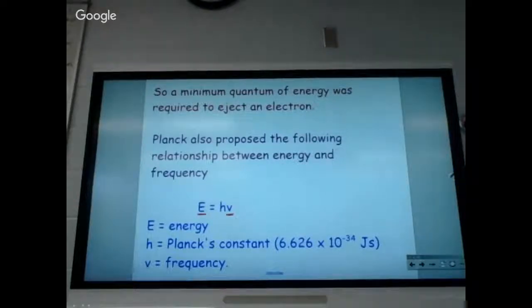Now, how are E and V related to each other? What did we just say? They're directly proportional. Now, do you remember from Friday what we said that meant? Is everybody caught up with me?